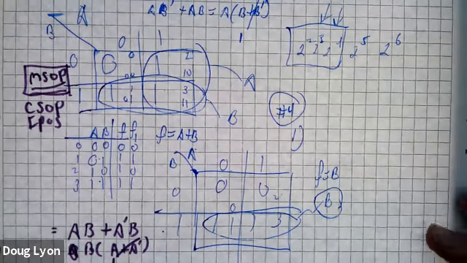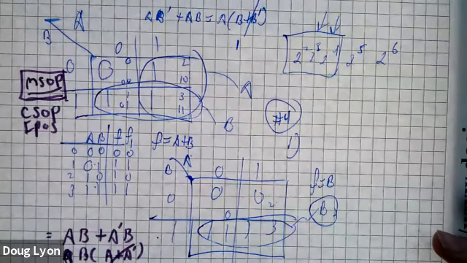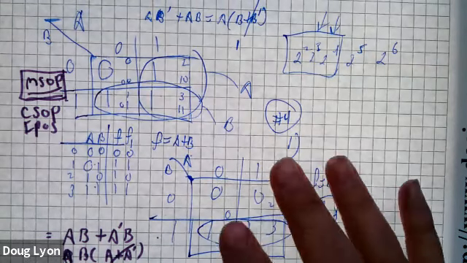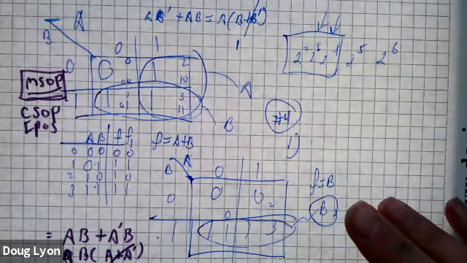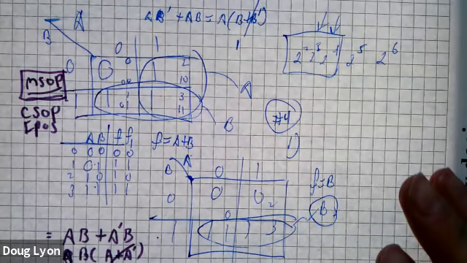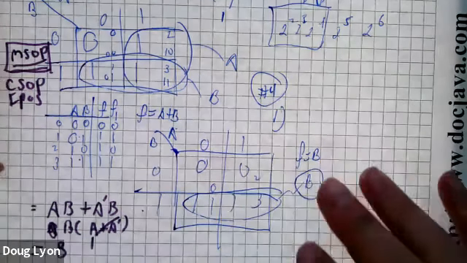I would say optimal in size, or minimal, if you like, minimal in size. So what you're trying to do when you come up with a minimal sum of products is get the corresponding circuit to be smaller. So let's think about this a minute.